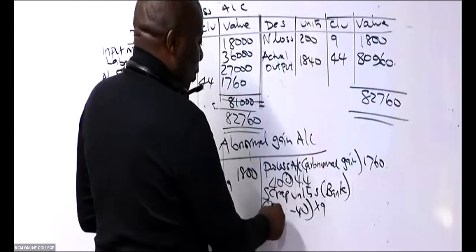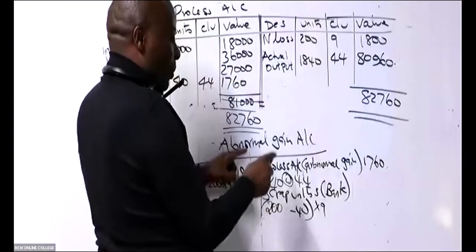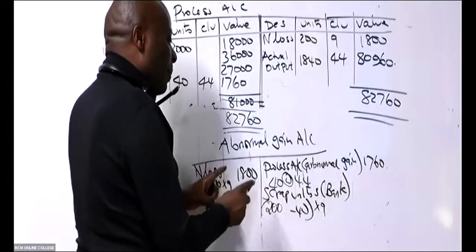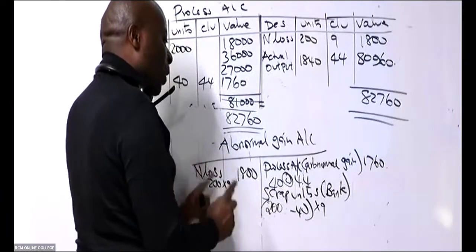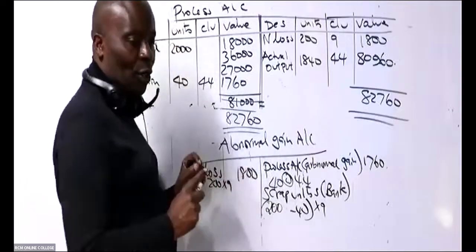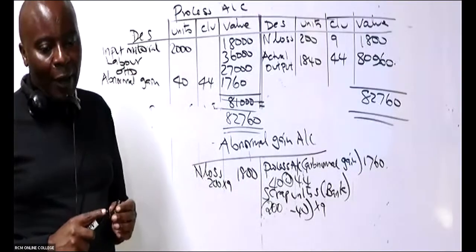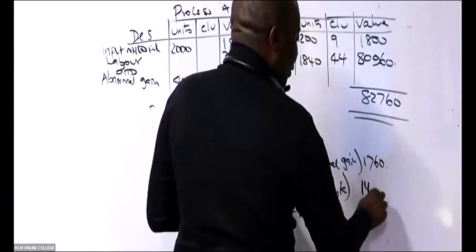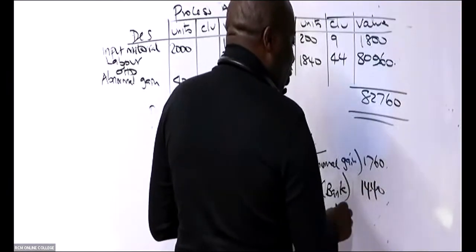So it will be 200 because we expected 200. Remember, these are units. 200, but we saved 40. So 200 minus 40, whatever answer you get, times 9. That is what we shall receive in our bank, which gives us 1440. So then go ahead and balance.